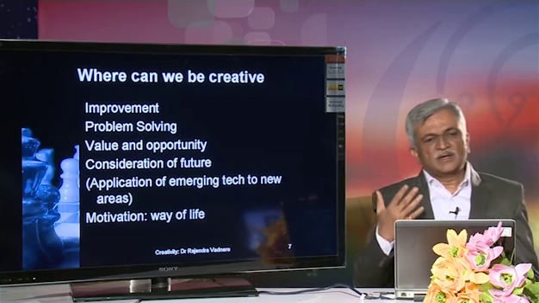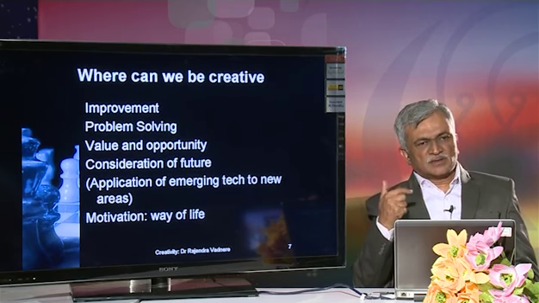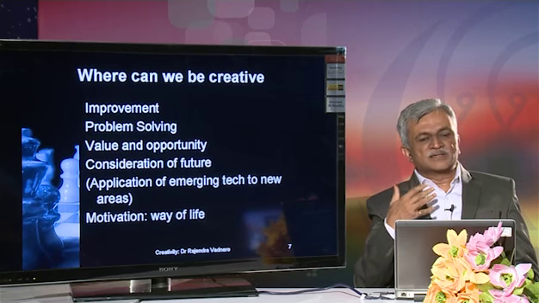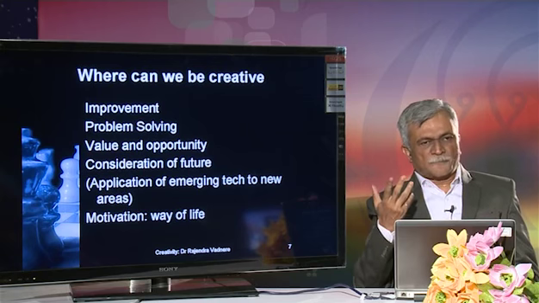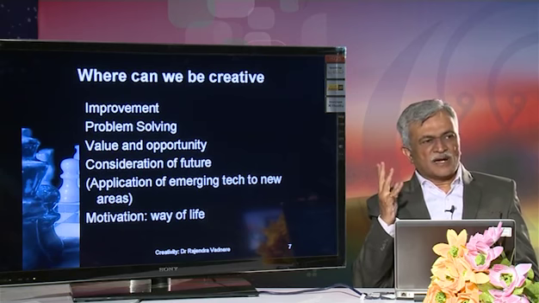So, we can be creative in finding the values and opportunities. We can be creative in consideration of the future. When we are creative, we are creating things in our mind.